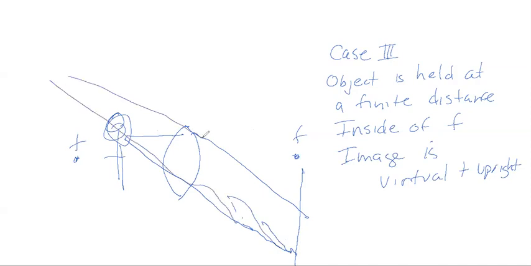Then if you have your screen on this side, you'll get an image here, but it has to be reflected back. So you don't get an image on the other side of the lens. It's virtual. And once you reflect it back, it will be large and upright. So those are our three cases. I would love to urge you to go online and check out the very nice ray diagrams that they have there.